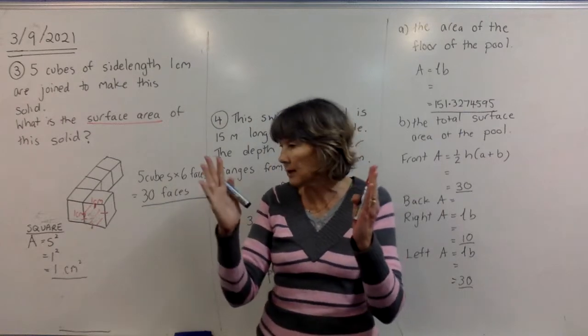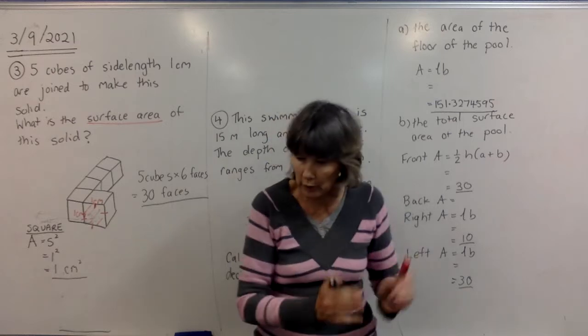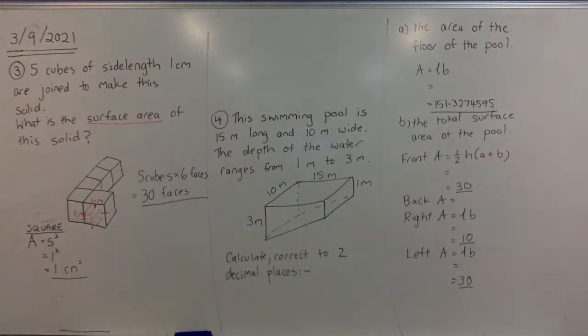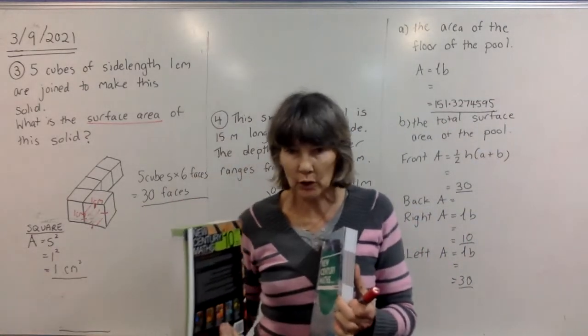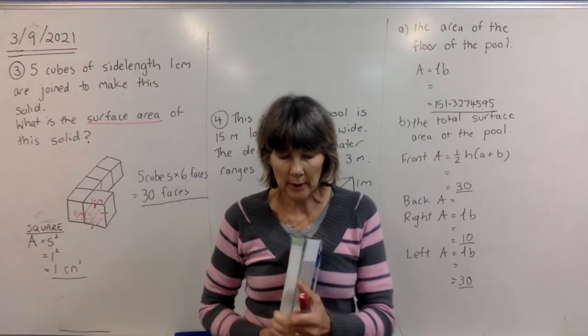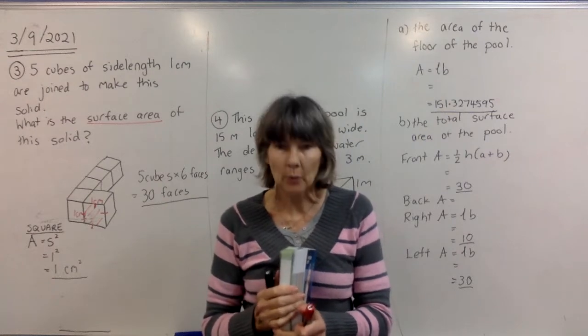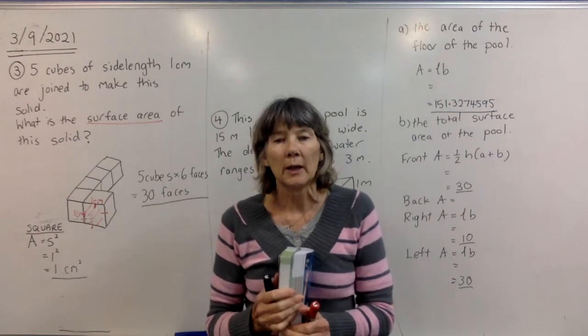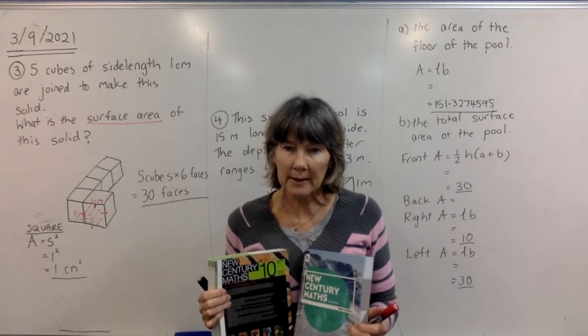So when 2 things come together and get glued, I'm trying to find something I can look at to show you. Just a minute. Okay, so I have 2 books here. Now, if I glue these 2 faces together and then paint around the whole thing, these 2 surfaces are not painted.